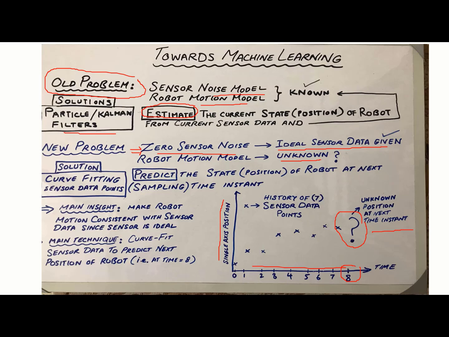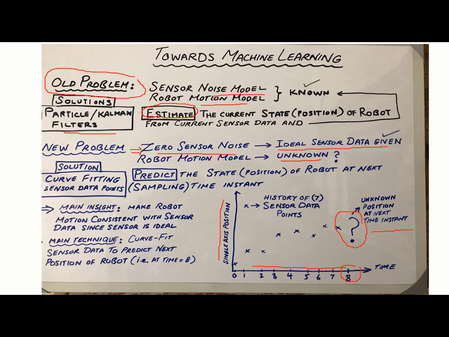So that needs to be found. One of the things that comes to our mind is to apply curve fitting, so that if we can learn the pattern in the data, then we'll be in a very good shape to predict what is going to be the data point at the next time instant. So that's one instance where you can apply curve fitting to determine the position of a robot.